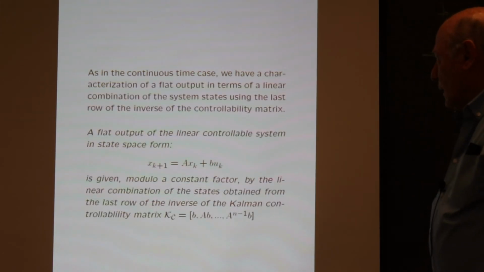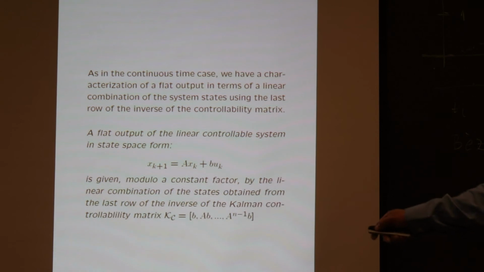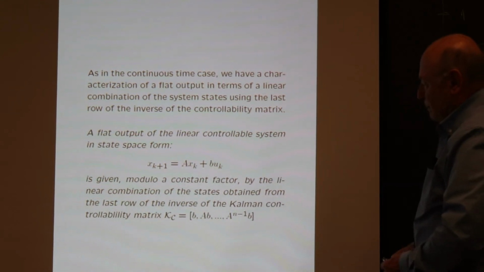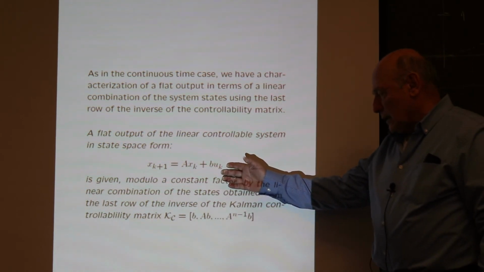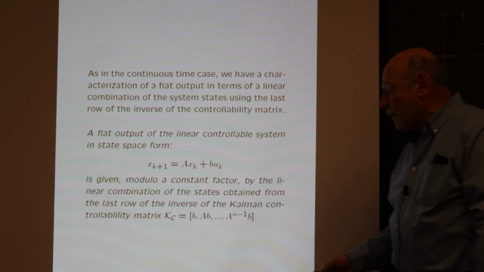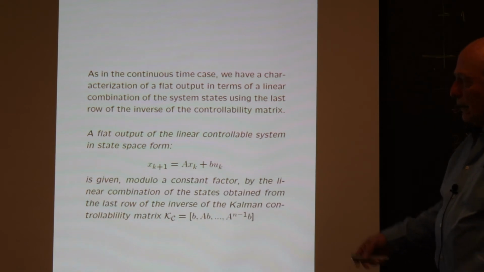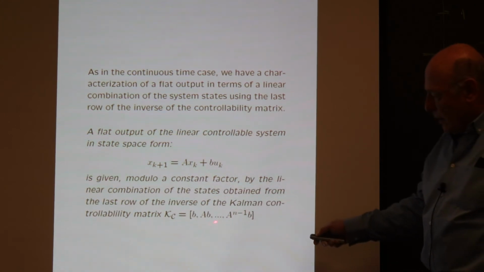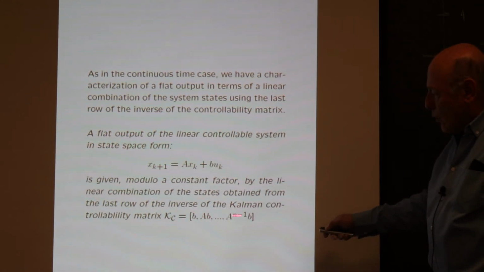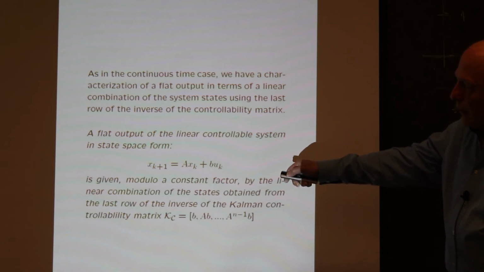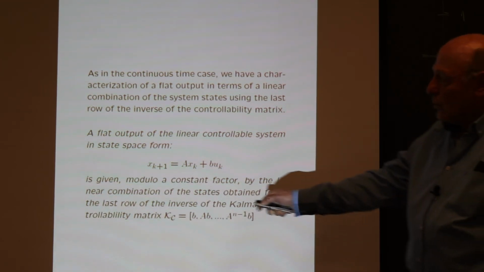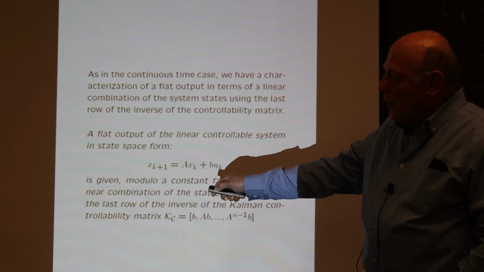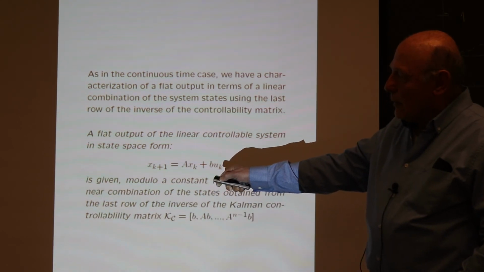And therefore, what it means in terms of this representation in K is that a linear system like this, if it is controllable, then the flat output has to be the last state in the new state space representation, and that state is just the last row of the inverse of the controllability matrix multiplied by the state.